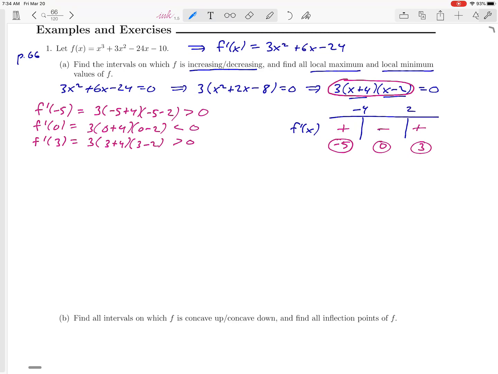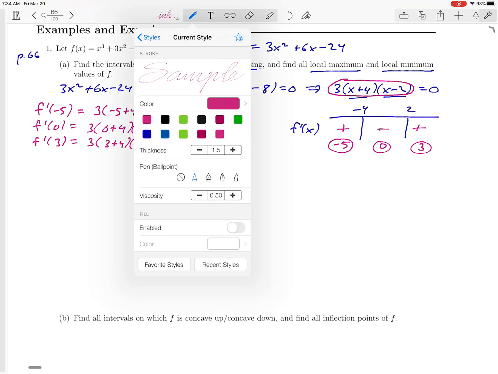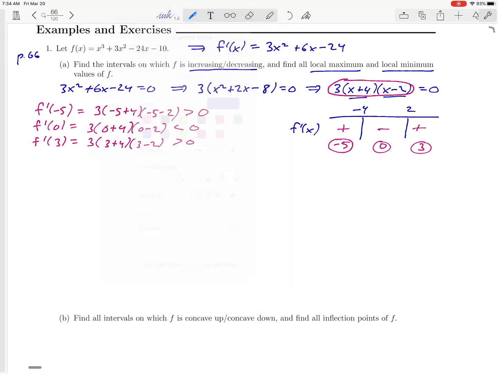Okay, and the signs in that chart basically tell us about where our function is increasing and decreasing. So we can look at that chart and notice that we've got 2 zones, 2 intervals where we've got plus signs. That's where our function is increasing. Increasing from negative infinity to negative 4.